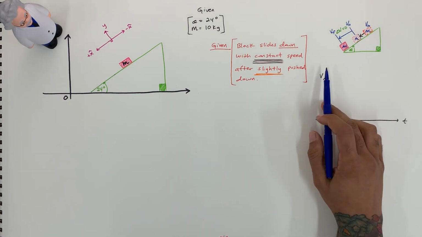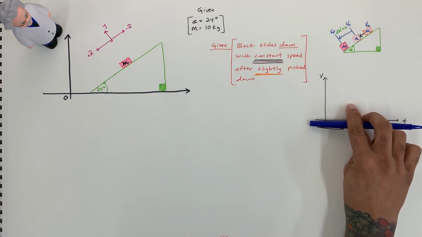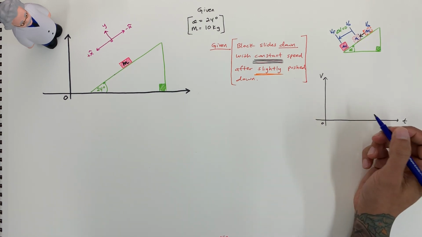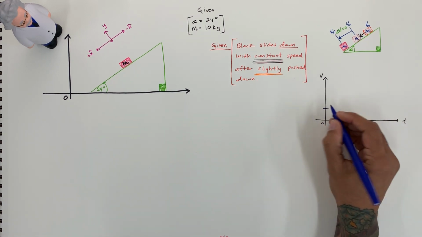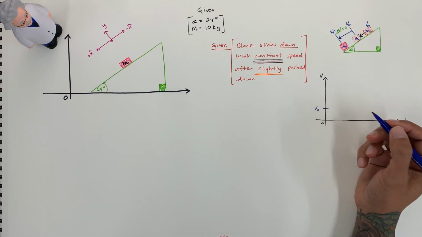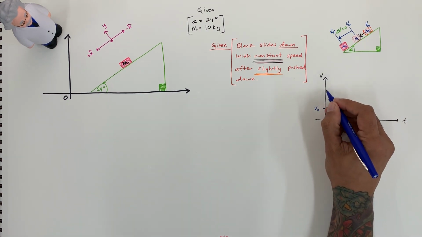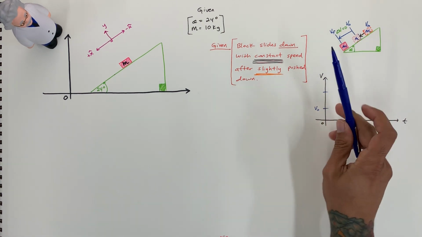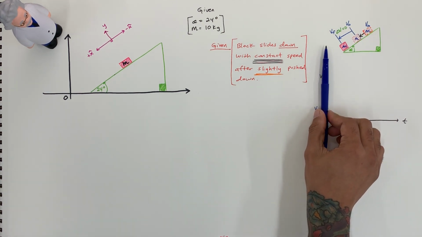You would have a velocity versus time graph. Here is our velocity initial, and here is some other velocity. So we're increasing in velocity going this way.